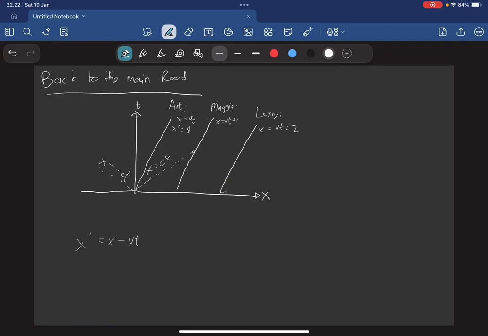Because Maggie is located 1 unit to the right of Art, her trajectory is just x equals vt plus 1. Likewise, Lenny's trajectory is x equals vt plus 2.